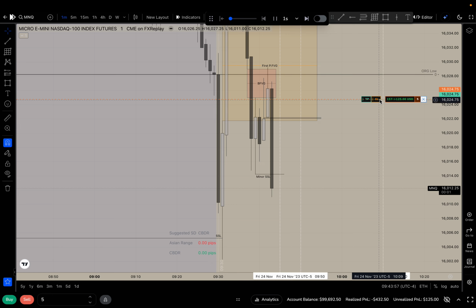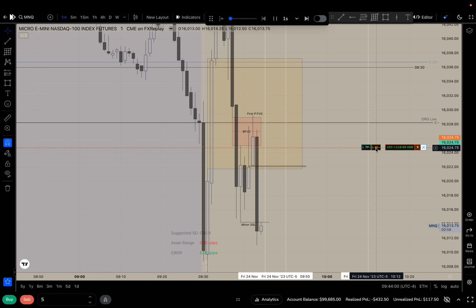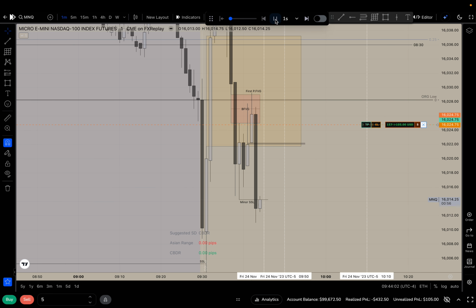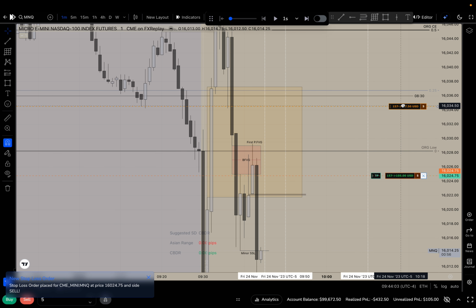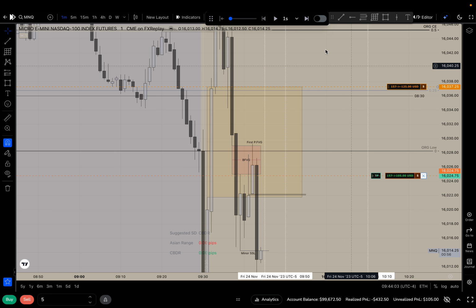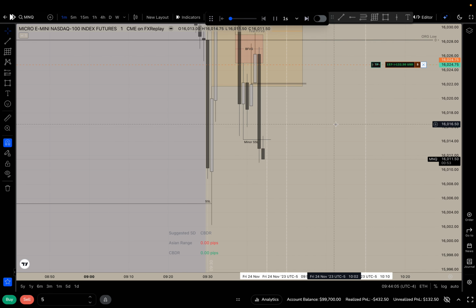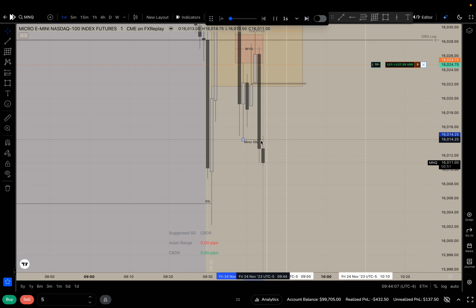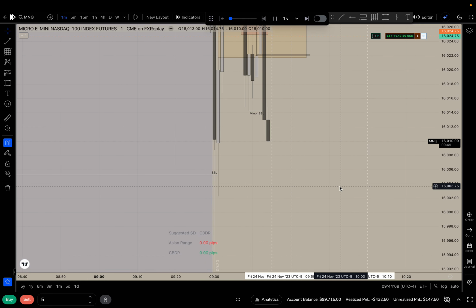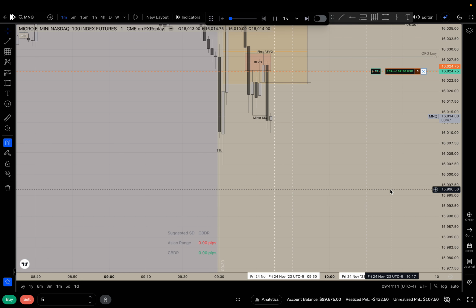Ideally, we would see, I can't adjust my stop loss either. Freaking ridiculous. I don't want to see us respect this minor sell side liquidity. I'd like to see us just completely disrespect it, go to the downside.